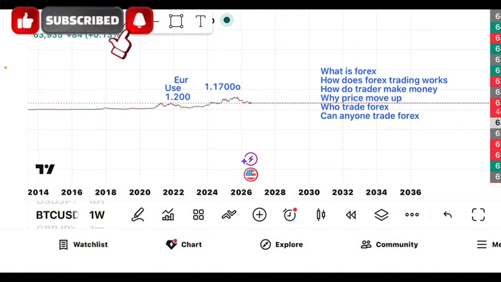But if you predict that in the next 1 hour USD is going to go from 1.200 to 1.18000, what does that mean? That means it goes higher than Euro. You buy USD.